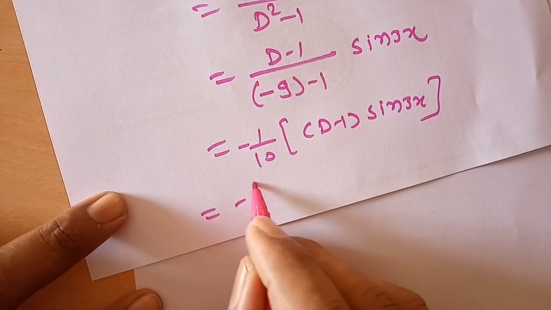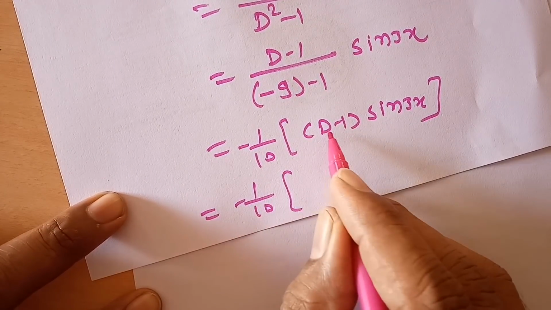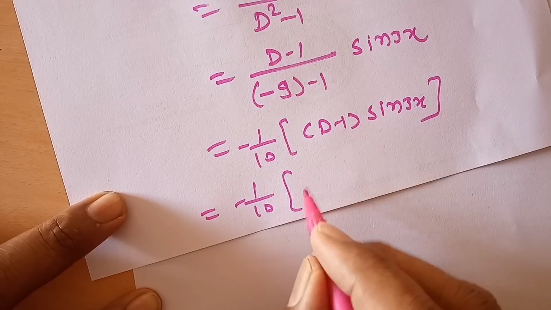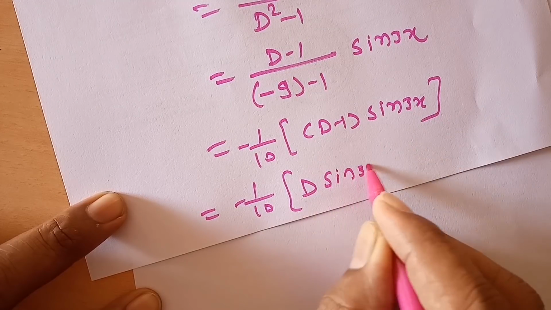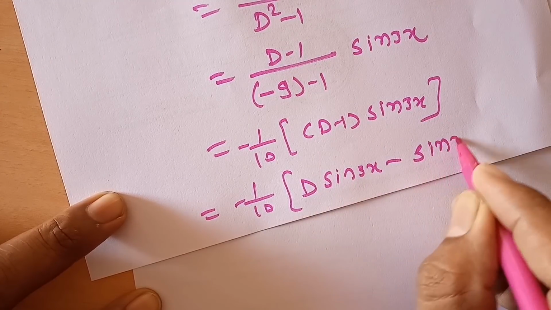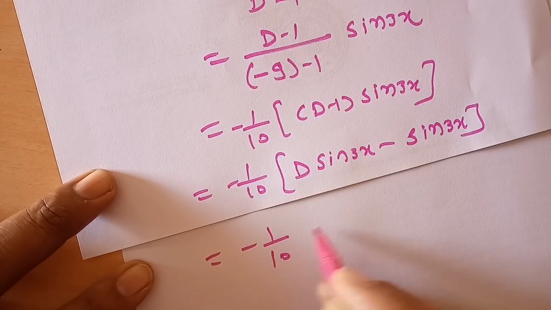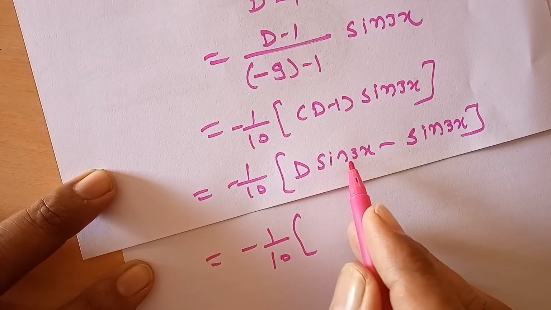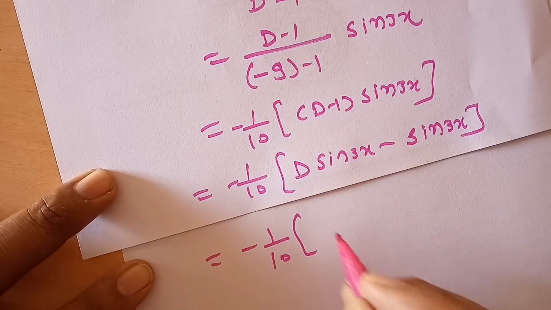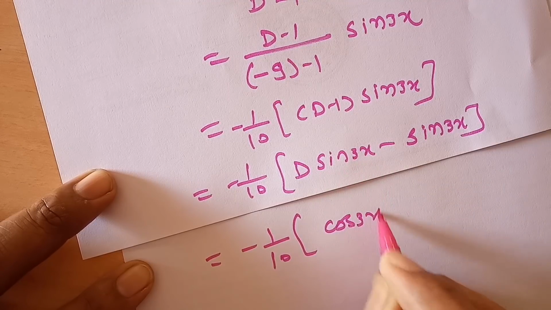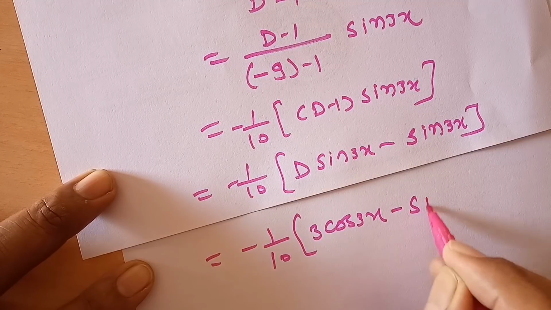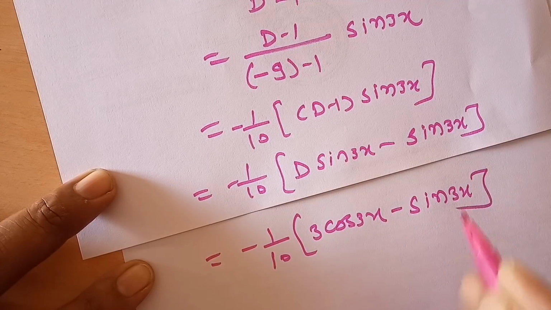This is equal to minus 1 by 10. I will operate this operator on the sine function. This is D into sine of 3x minus sine of 3x, which is equal to minus 1 by 10 times: D means derivative of the sine function, and derivative of this sine function is cos of 3x into 3, minus this sine of 3x, and this is your PI.